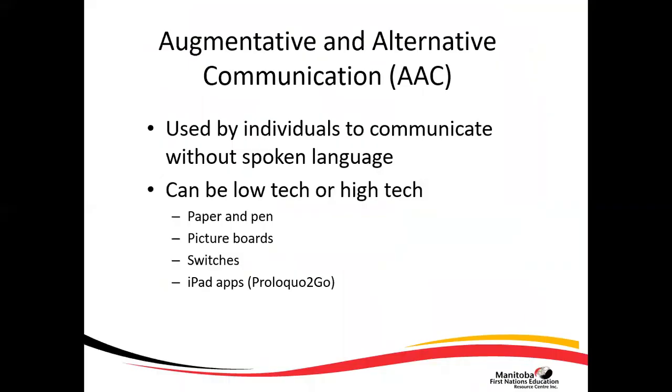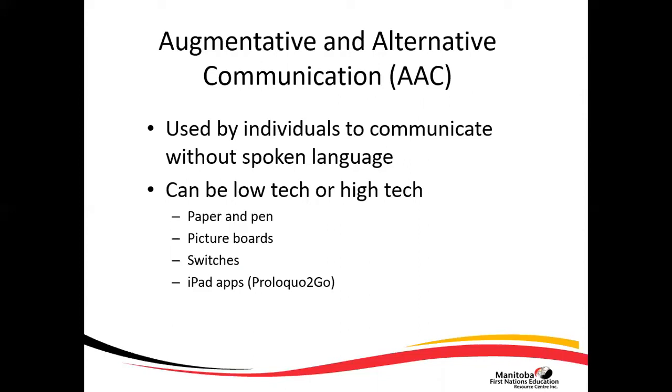So now I wanted to move on from those strategies just to briefly discuss augmentative and alternative communication, or AAC. And AAC is used by individuals to communicate without spoken language. And often we see students with autism spectrum disorder utilizing AAC.